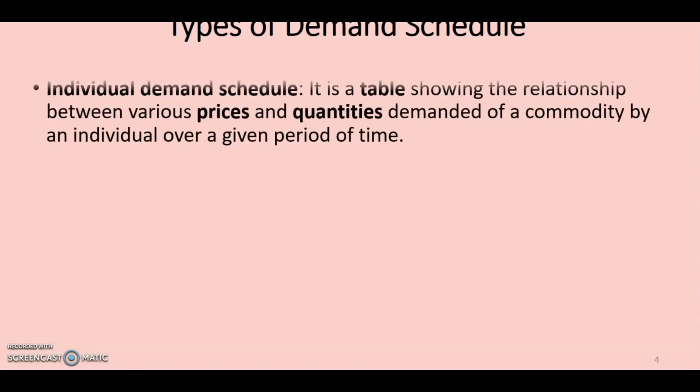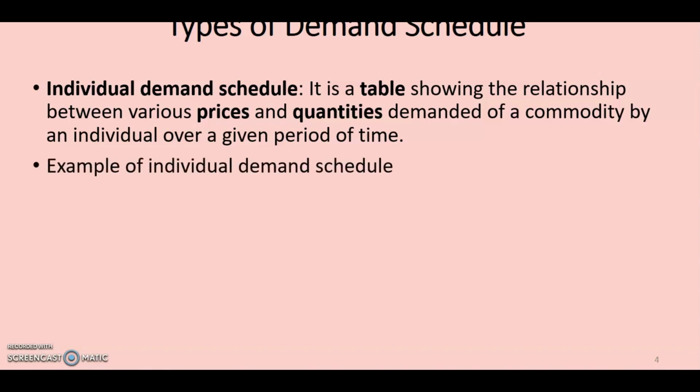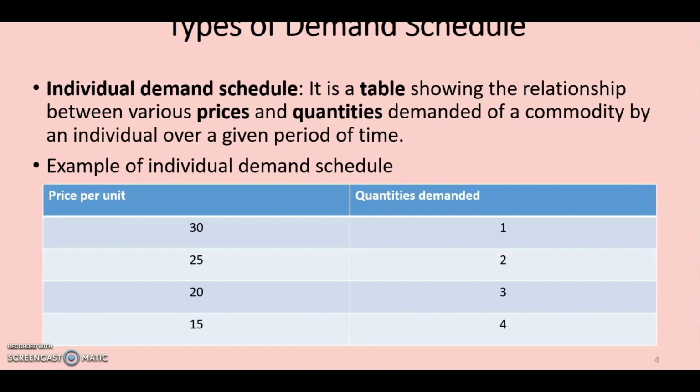Now let's look at types of demand schedule. We have two types of demand schedule. We have the individual demand schedule and we have the market demand schedule. So let's explain what is meant by the individual demand schedule. It is a table showing the relationship between various prices and quantity demanded of a commodity by an individual over a given period of time.